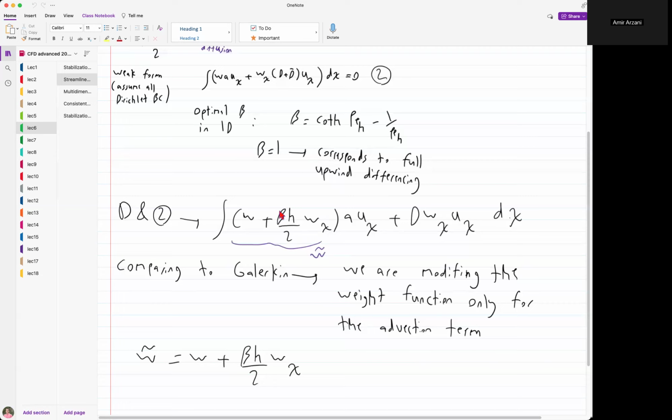Now, what is the issue with this approach? The issue here is that this weak form is really no longer consistent with my strong form of the equation. It's no longer consistent with my PDE. Because if you remember how we derived weak forms, we took our PDE, the strong form, we multiplied the PDE by a weight function and we integrated. There was nothing wrong with doing that, right?